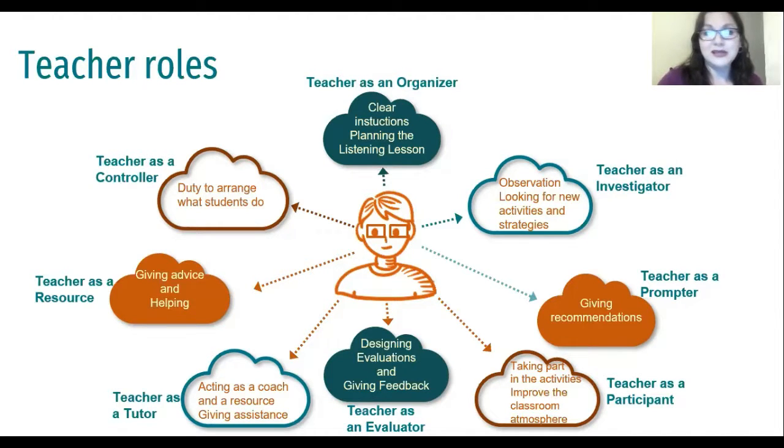As you can see, these are some of the roles of the teacher, but a teacher has a lot of roles.